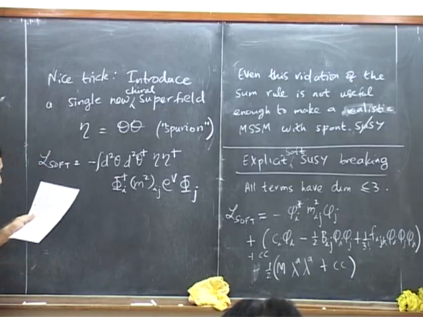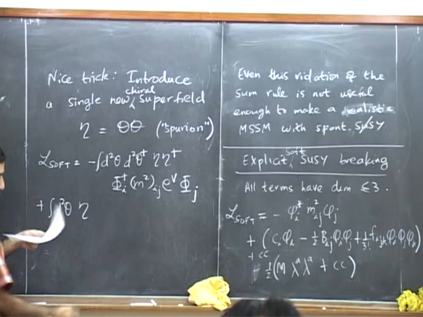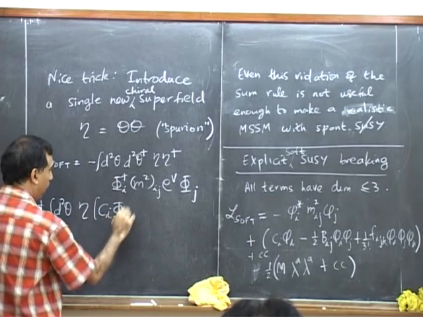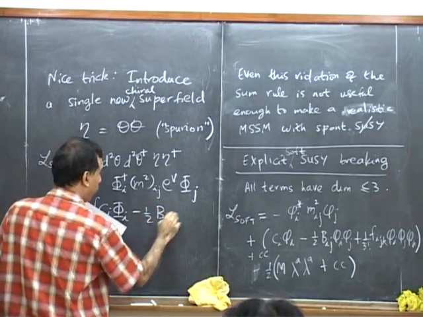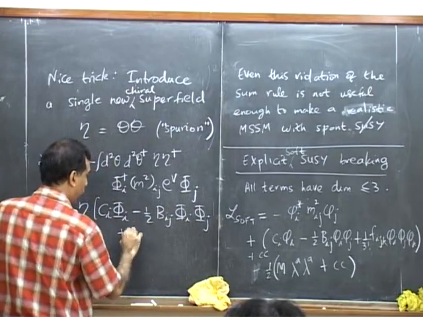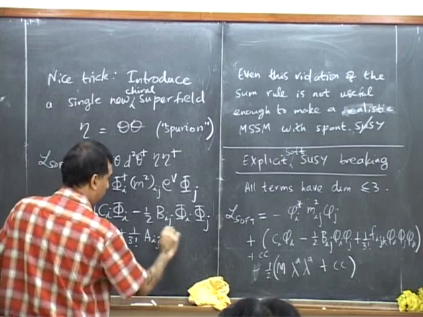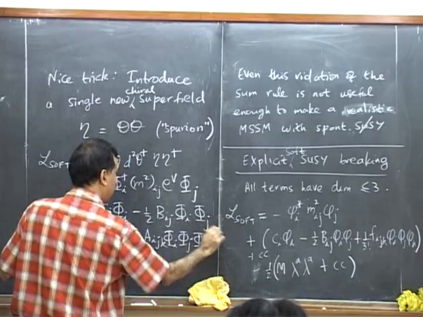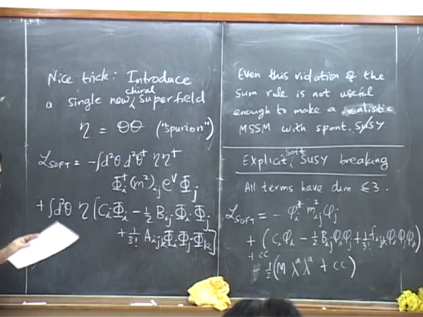Okay. So what about the rest of the terms? Pretty easy. We have d2 theta times eta, which is also 1. Then c i phi I minus r, p i j. So it actually now starts looking like a conventional superpotential, but with the spurion multiplying it.